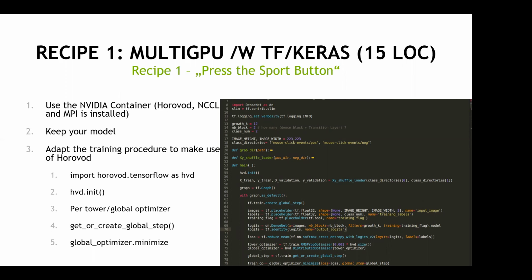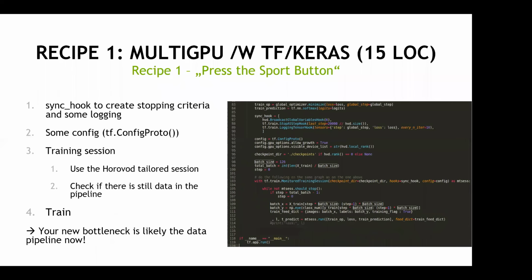Just recall yesterday it was called HVD, the distributed optimizer, and you introduced that one. So this is the distributed optimizer, which acts basically as the synchronization point between all the workers. That's just repetition from yesterday.